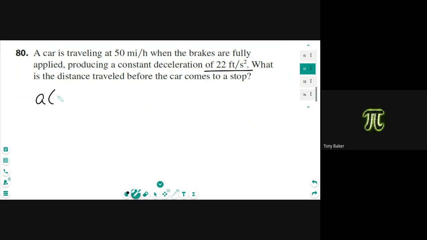So my acceleration is negative 22. So my velocity would be what? Negative 22t plus 50. Those are two different units. That's 50 miles. Oh, you're right. Darn it. Good catch. Very good catch.